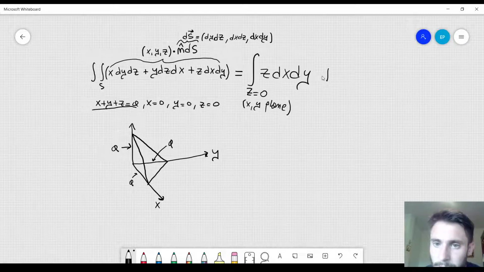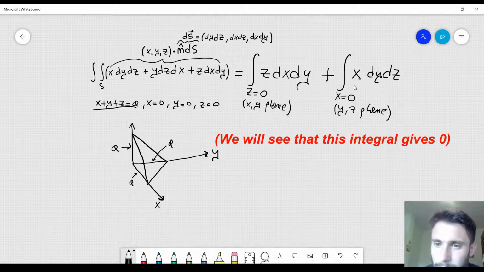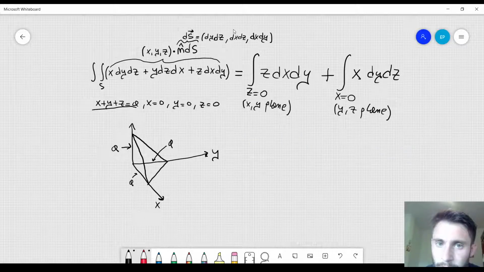Then something similar for the plane x equal to 0, which is the yz plane. And then we have to integrate x, the first component, times dy dz, because we are integrating over the yz plane, so the only contribution here is given by this first component. When we take the dot product, we only have that one.